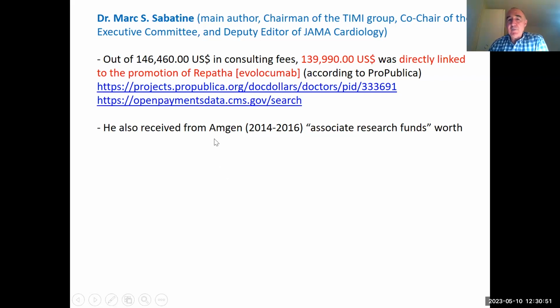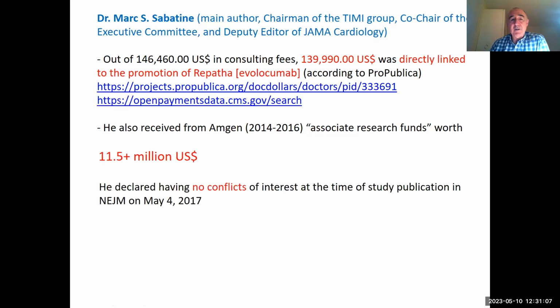And he also received from the company during these 2-3 years associated research funds worth over $11.5 million. So in spite of this, the main author declared having no conflicts of interest.